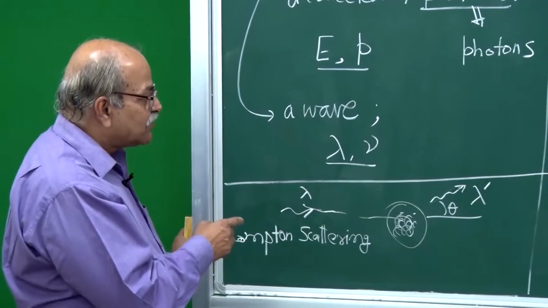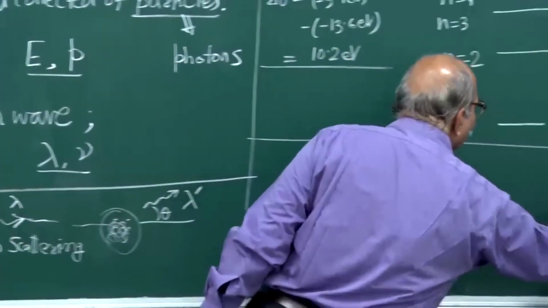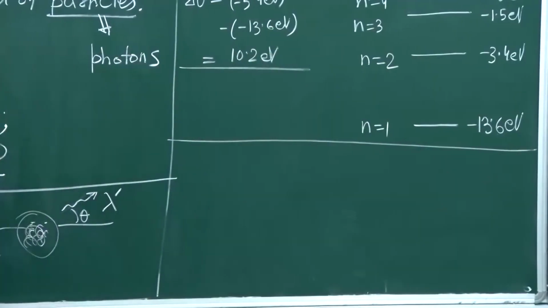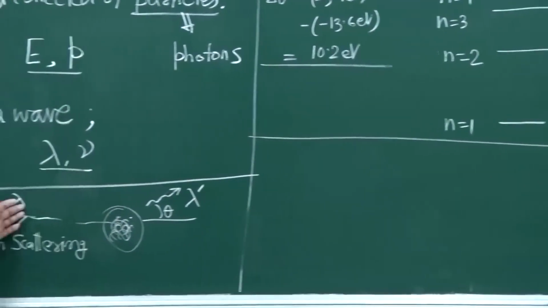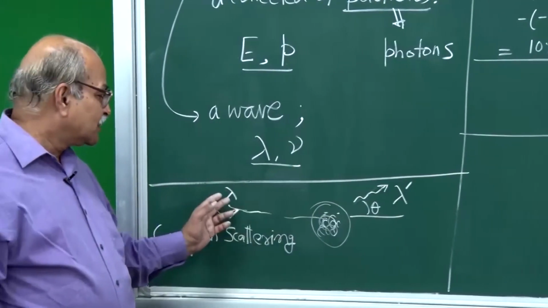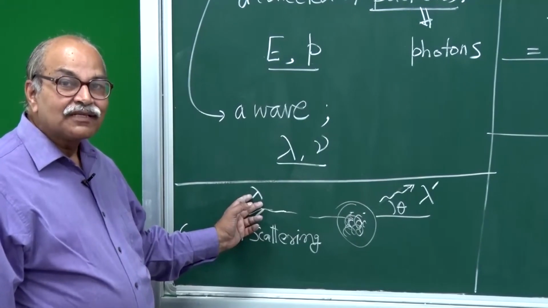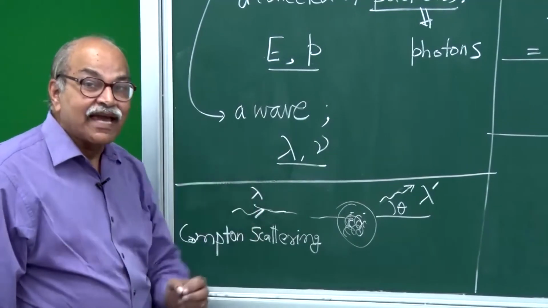How that relation can be obtained from equations: it can be obtained if you assume that this electromagnetic radiation, this X-ray which is coming with wavelength lambda, has a particle character.